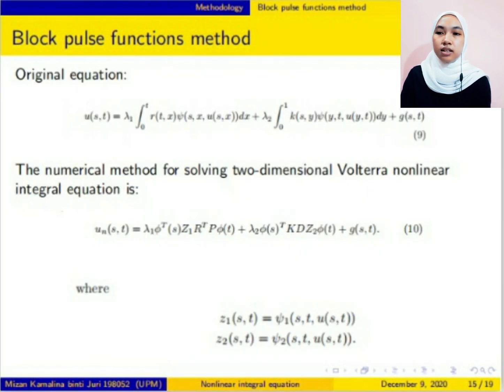In Article 5, the log pulse function method is used to solve two-dimensional nonlinear Volterra integral equations. Below is the original equation of the log pulse function method. After multiple steps of modification, the numerical method for solving the two-dimensional Volterra nonlinear integral equation is shown as below.